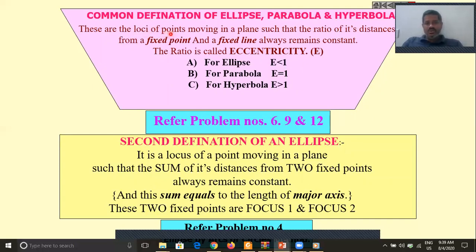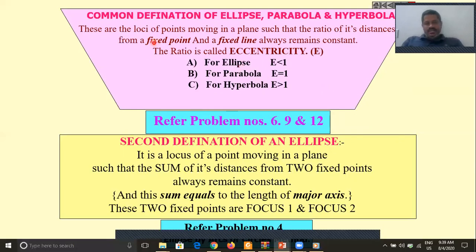That is called the locus of the points moving in a plane such that the ratio of its distances. That means we are moving a point in a plane in such a way that the ratio of the distances of this point from the fixed point and the fixed line remains constant.